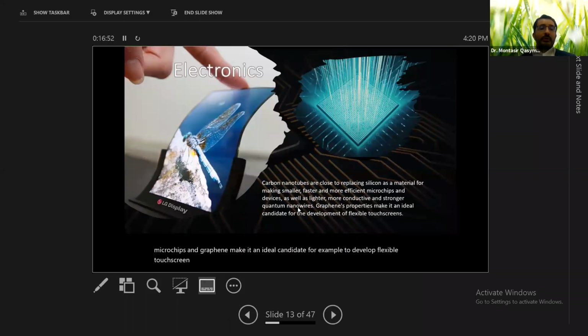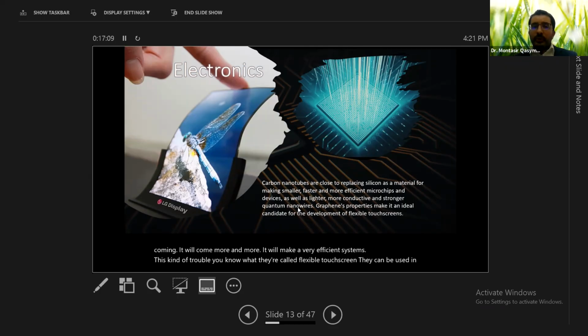Flexible touchscreen is one of the emergent technologies that is coming. It will come more and more. It will make very efficient systems. These flexible touchscreens can be used in biomedical applications. They are very light, very efficient, very convenient. So they can be used in aerospace, in entertainment, whatever you name it.